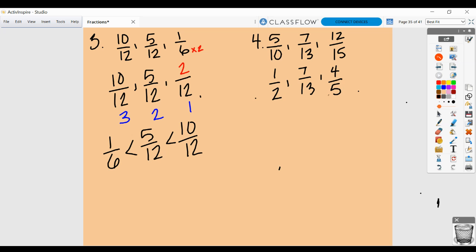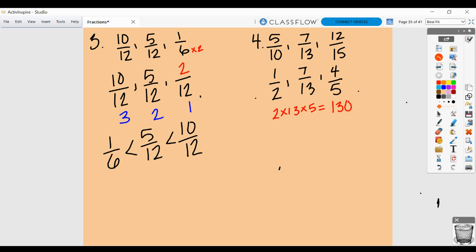So instead of dealing with 10, 13, and 15, you now are looking at 2, 13, and 5. To figure out what your common denominator is, take 2 times 13 times 5, and you should get 130.